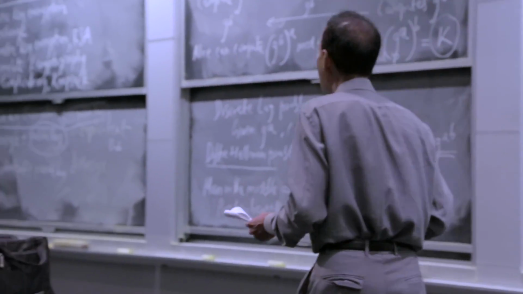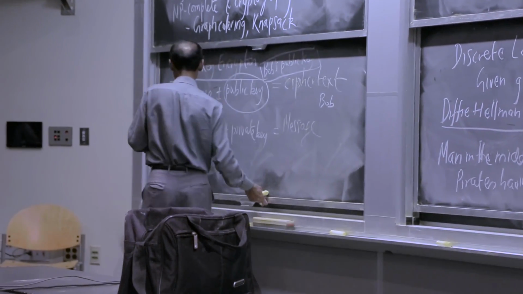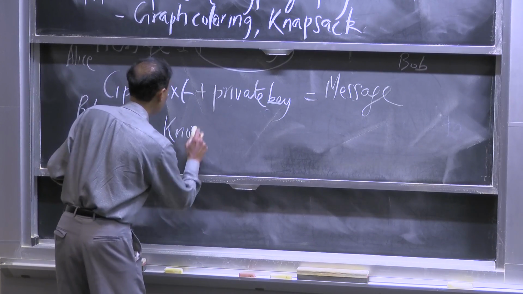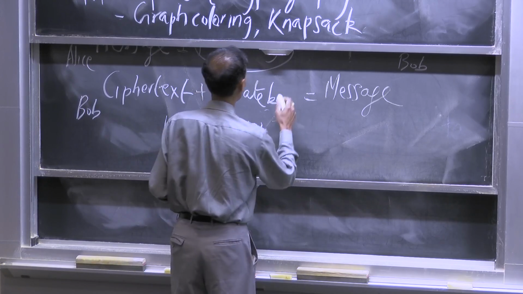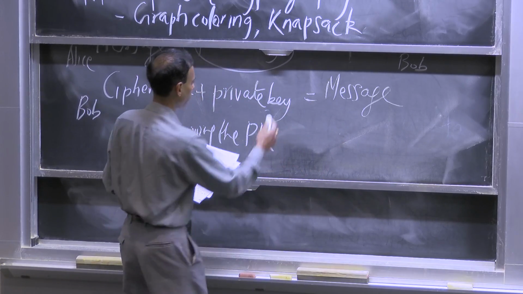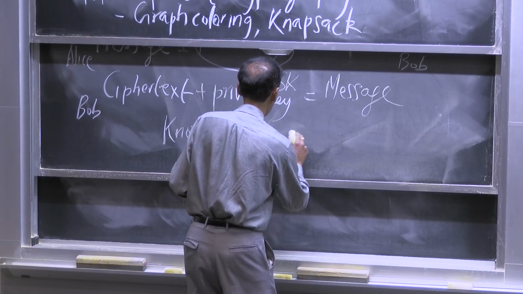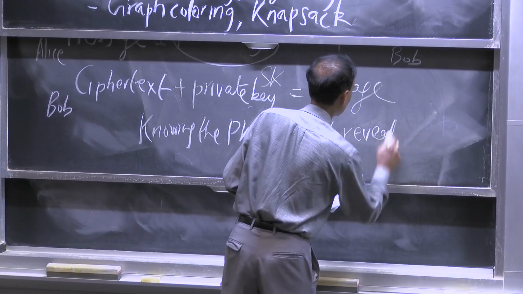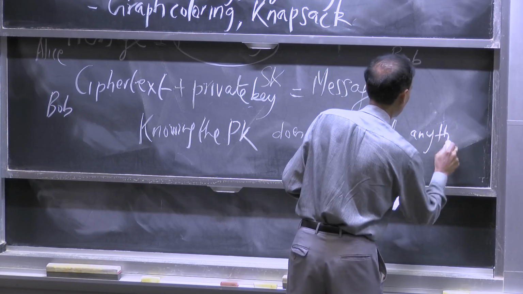This whole thing is going to work provided that knowing the public key, let's call it PK, and the private key, we can't call it PK as well, so we call it SK, knowing the PK does not reveal anything in a mathematical sense about SK.